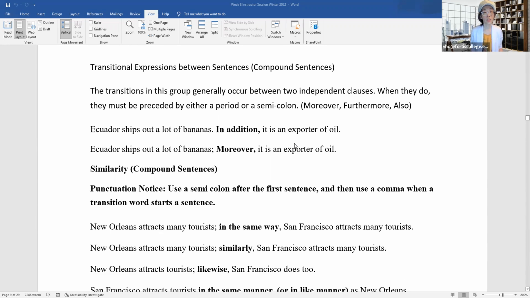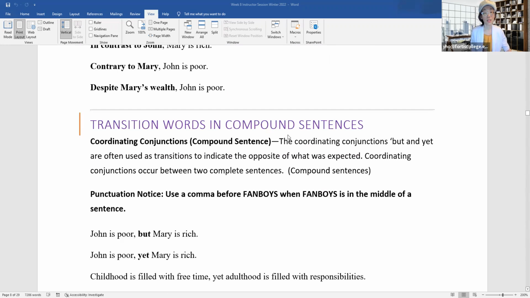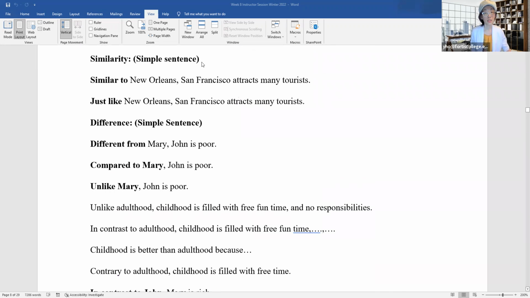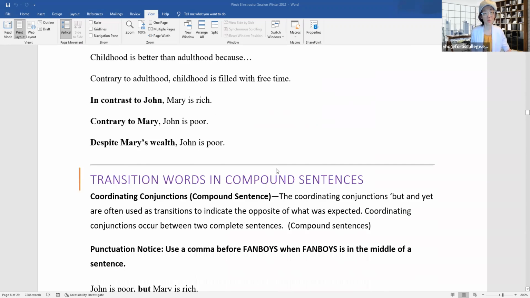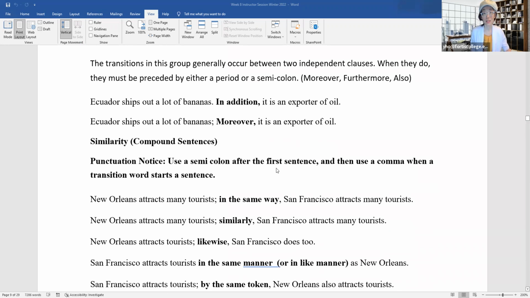The transitions in this group, so now you have transition words in compound sentences. Before, I gave you examples of transition words in simple sentences. A simple sentence is just a subject, a verb, and an object. When you have transition words in compound sentences, that's two sentences tied together by a conjunction.